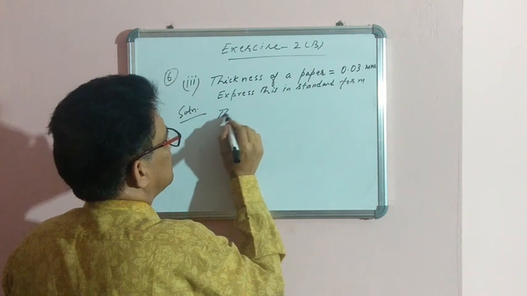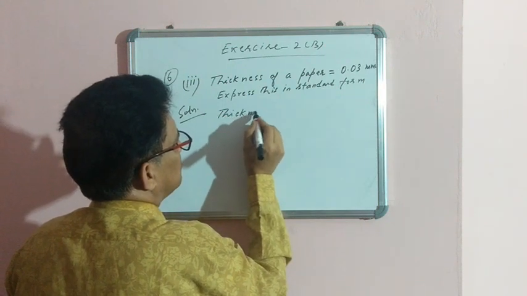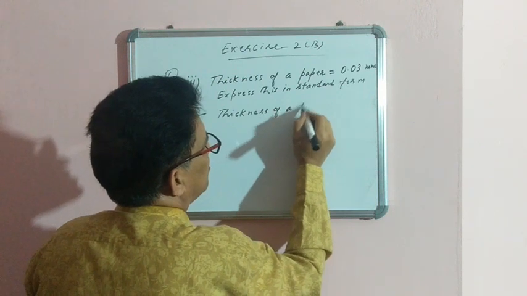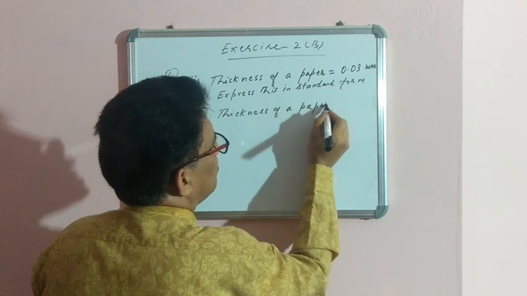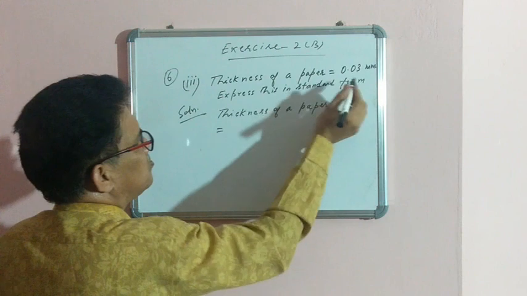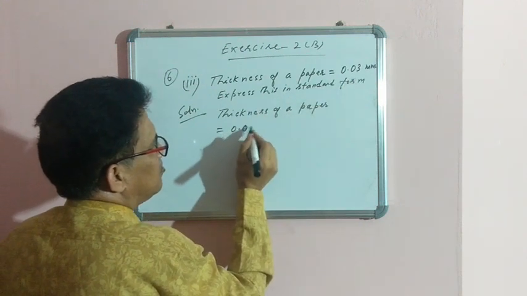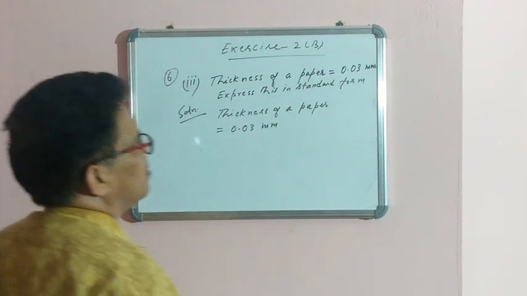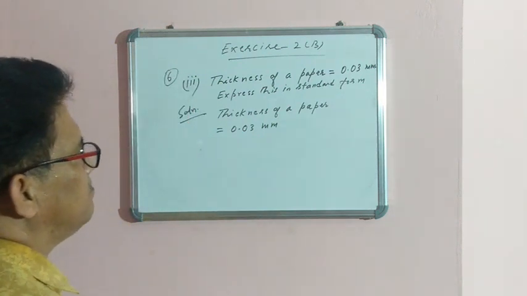So again, write the question: thickness of a paper is equal to 0.03 millimeter. This is the thickness given.